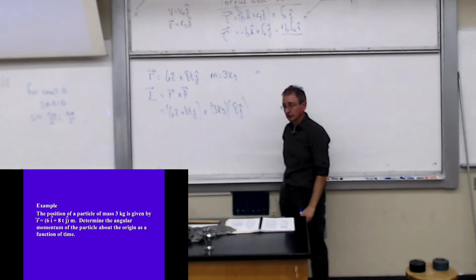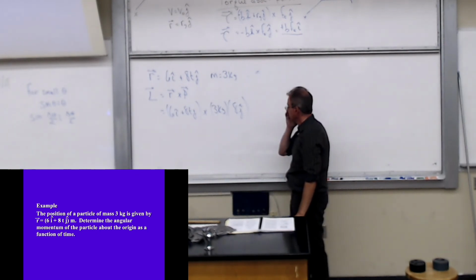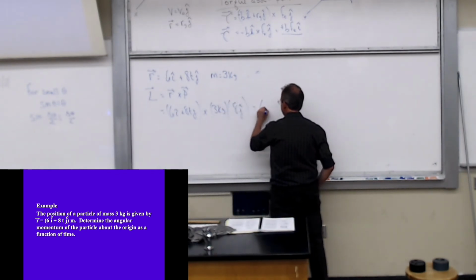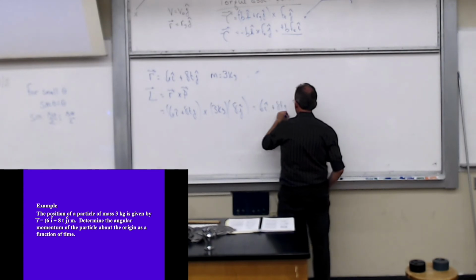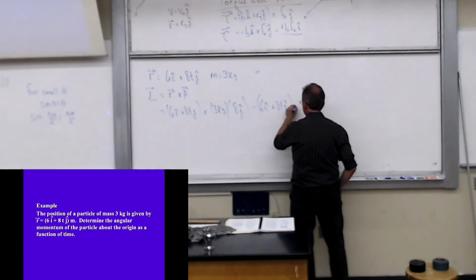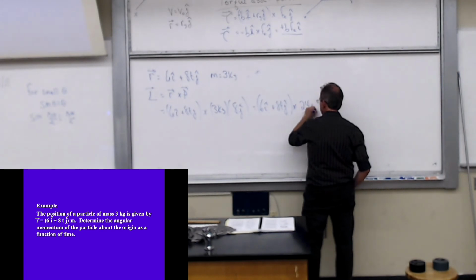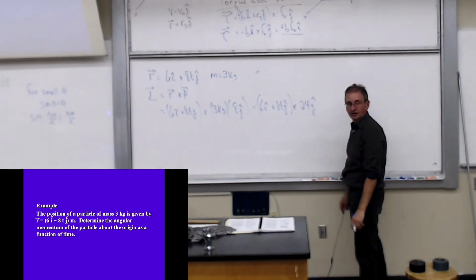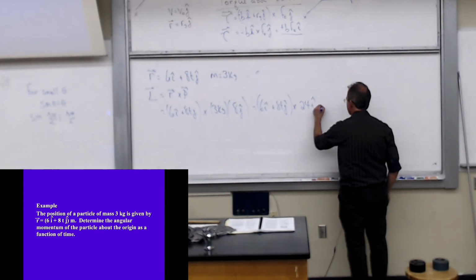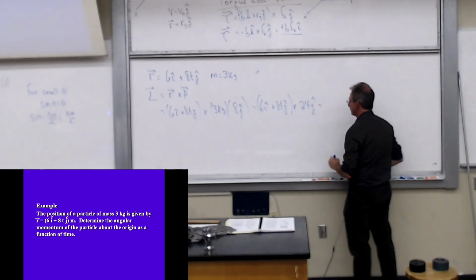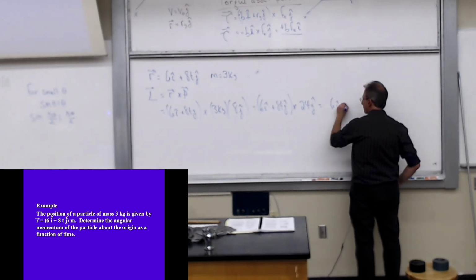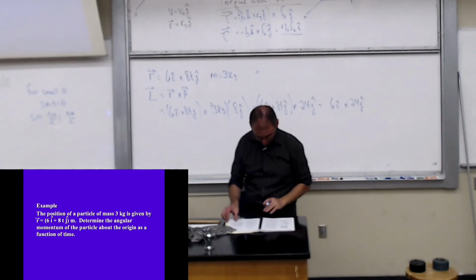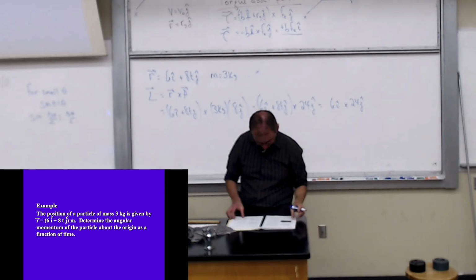Let me simplify this a little bit. What's j cross j? 0. So it's just these two terms. And 24 times 6 is 144.